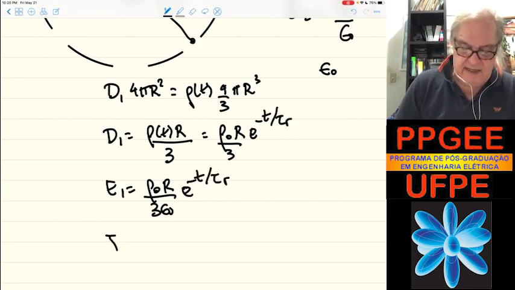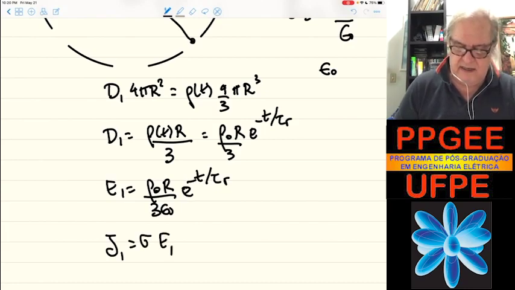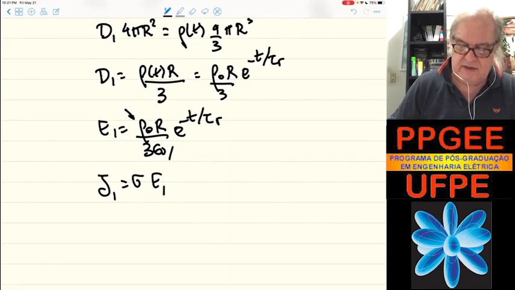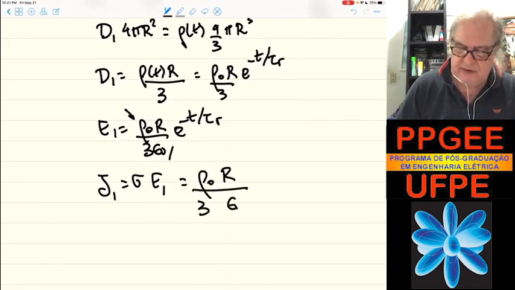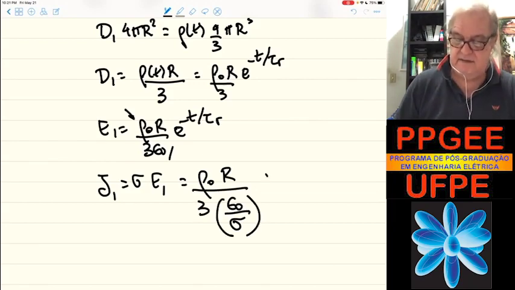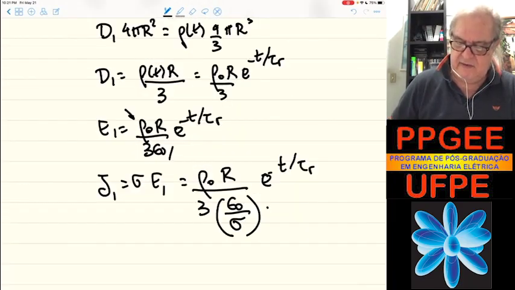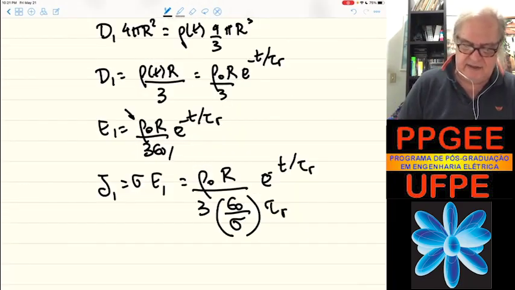And the current density equals sigma times E. Sigma comes multiplying here, but can come dividing in the denominator. So it's going to be rho 0 r over 3 epsilon 0 over sigma. And this is the relaxation time.